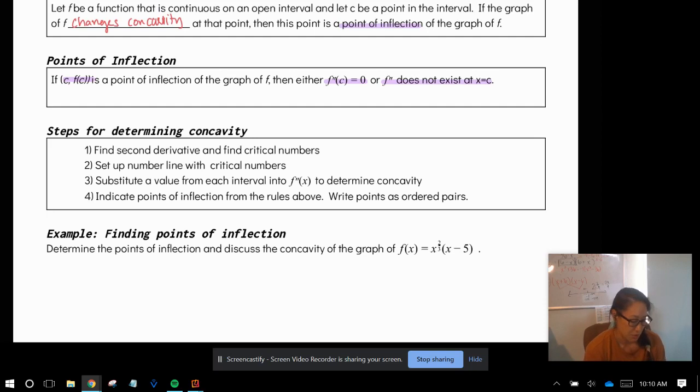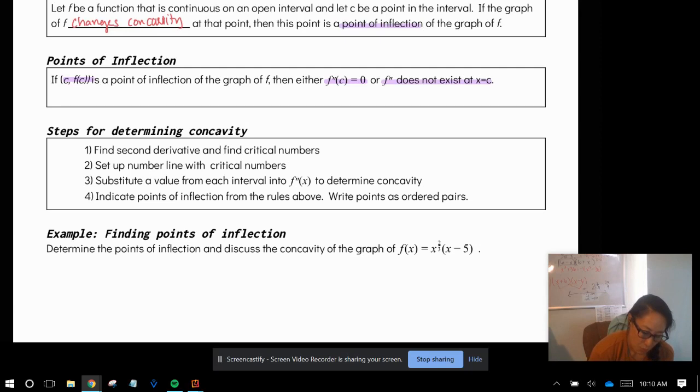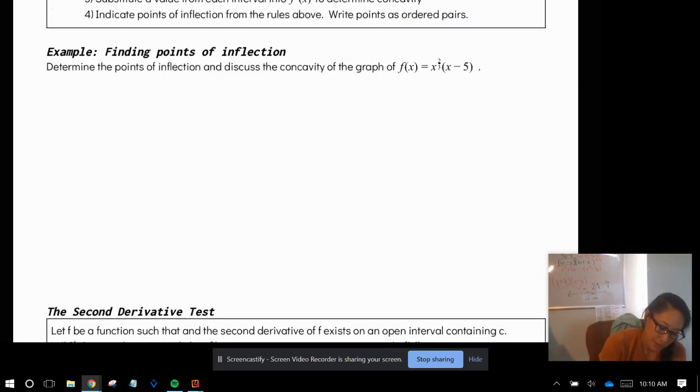So we are going to apply a test. Oh, I didn't switch these directions. Okay, so we're going to move on and go ahead and practice.